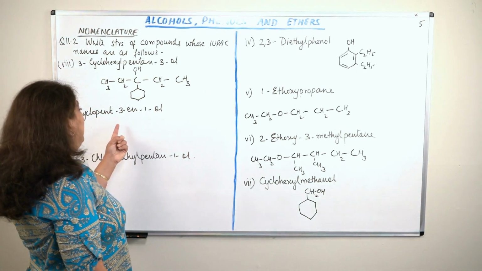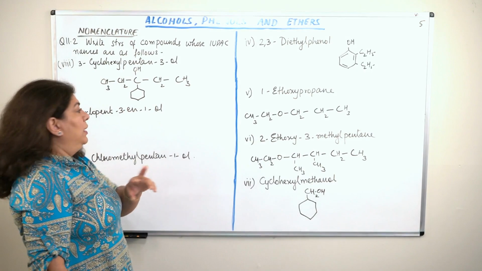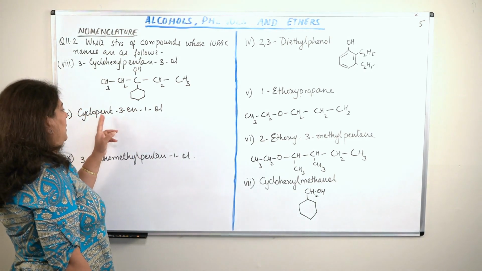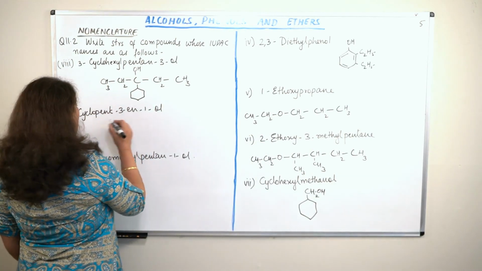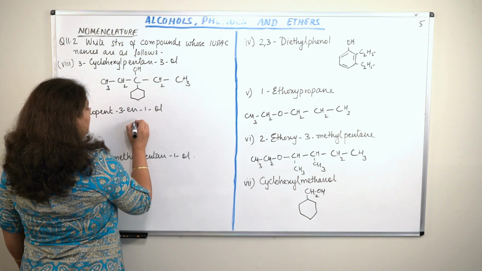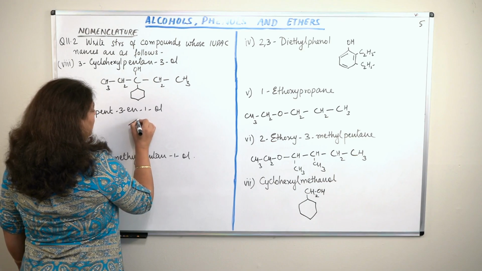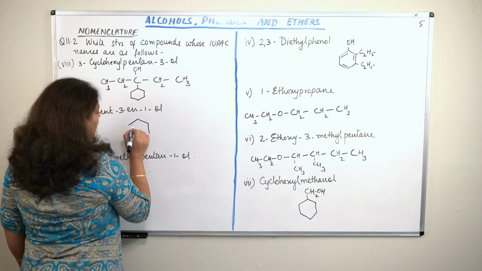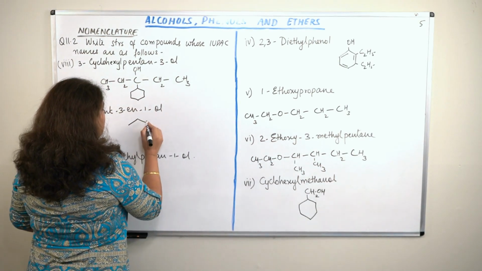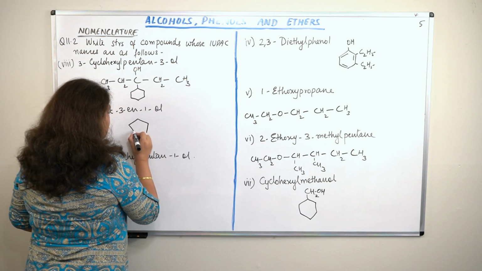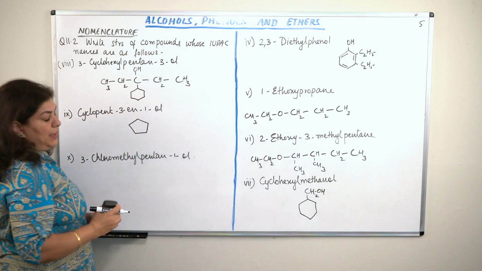Now comes cyclopent-3-en-1-ol. Cyclopent, pent. So it is cyclopent. It is a cyclic compound, but 5 carbons. So we can slant this slightly towards the inside. This is cyclopentane.